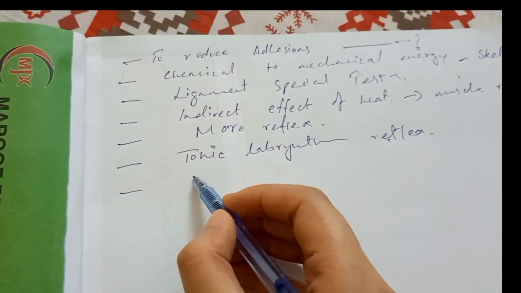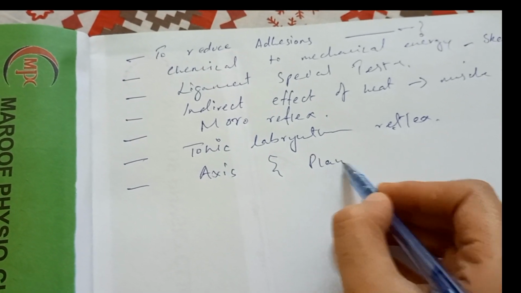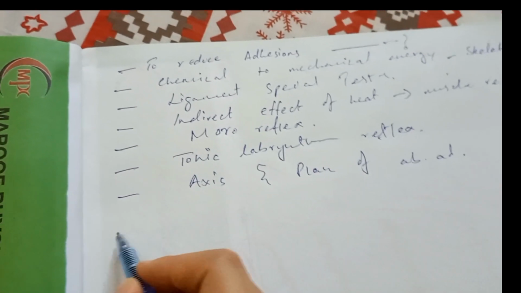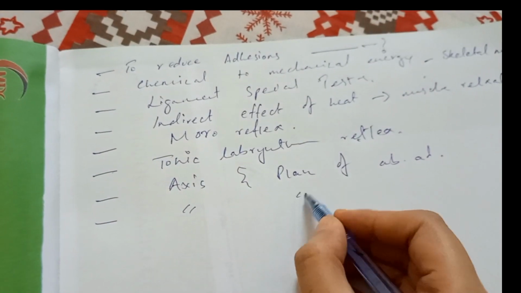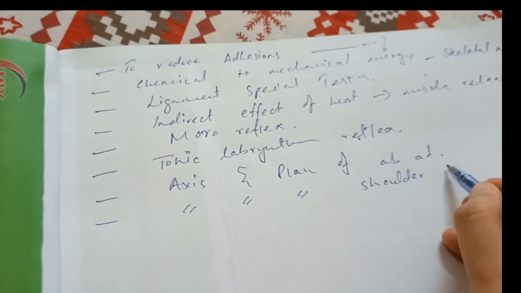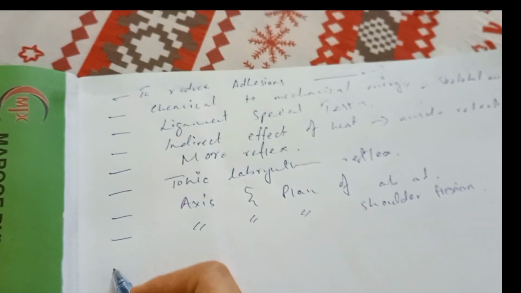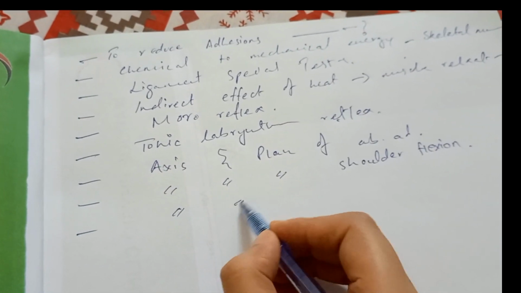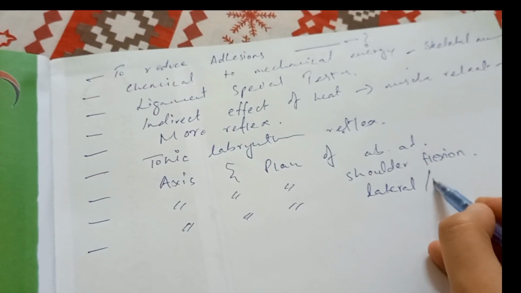As I've already told you, you should know each and every plane and axis: shoulder flexion, and then the axis and plane of lateral and medial rotation.